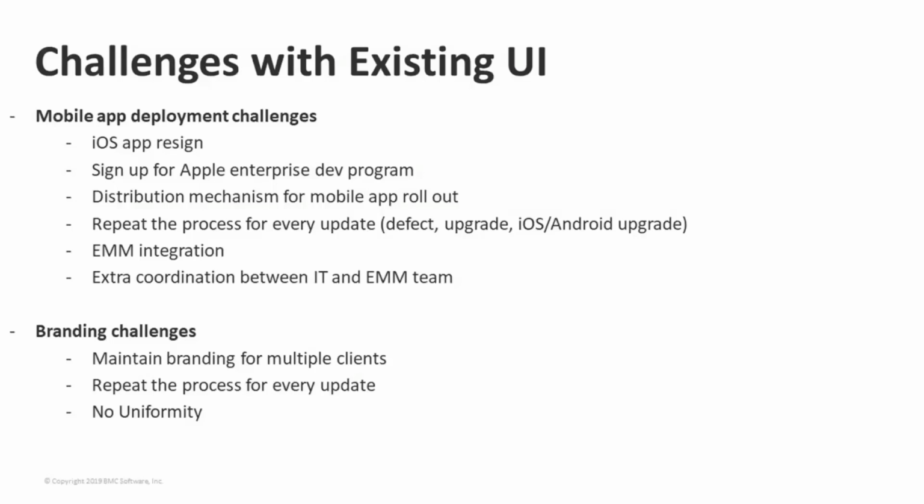The UI, people liked it, customers loved it, user adoption increased. But at the same time, we have had challenges when it comes to the mobile app deployment, especially if customers do not have a mobile distribution process in their enterprise.